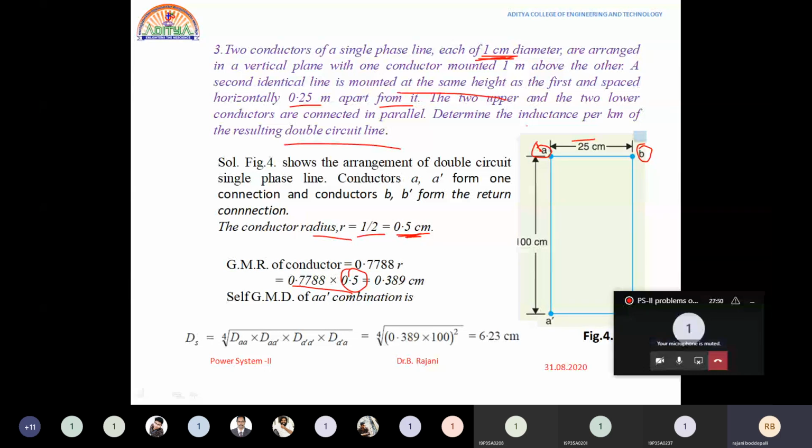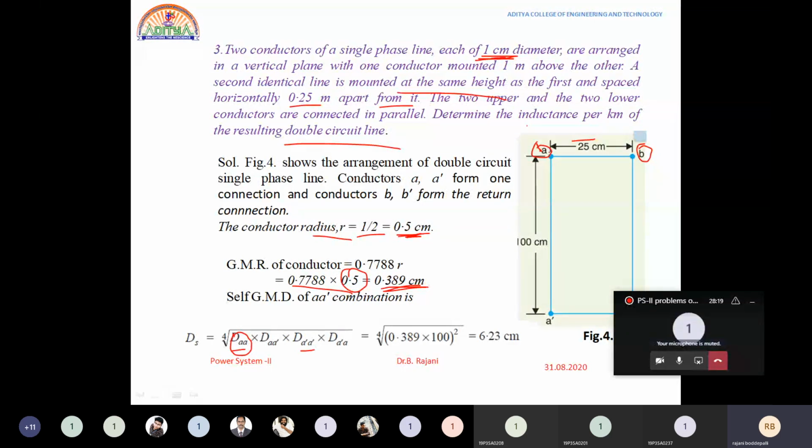So 0.7788 multiplied by this R, you will get the self GMR of the conductor, the geometrical mean radius of the conductor. See this A and A dash, this diameter is 0.389. This is the self GMD of that particular conductor itself.